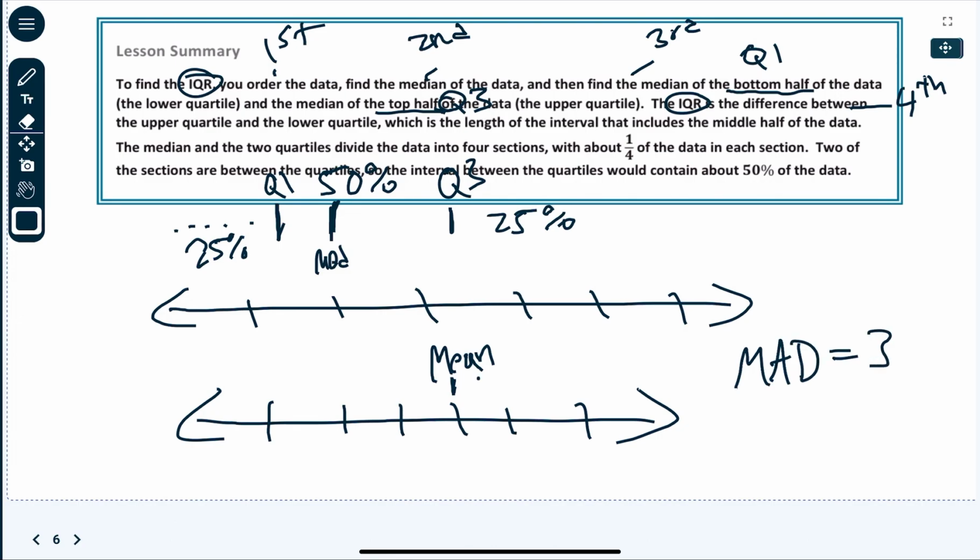And let's say here is 3 to the right, and here is 3 to the left. Well, right here would be about 50% of this data. No matter if down here there's some values, there should be about 50% in between the two ends of your MAD. Okay, so it kind of relates back to the IQR as well.